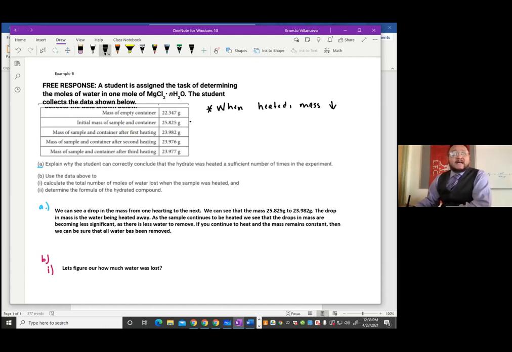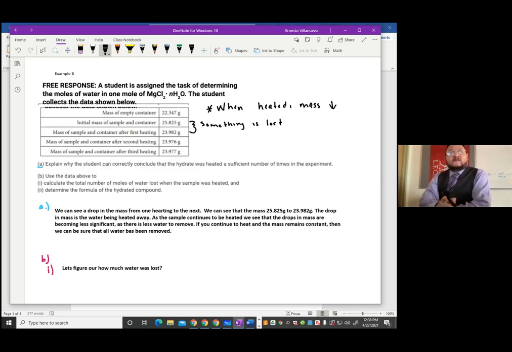Then we see a drop again at 23.997. Now, what this is telling us is that something is getting lost. So we're heating up the sample and we're seeing a decrease in the mass, okay?